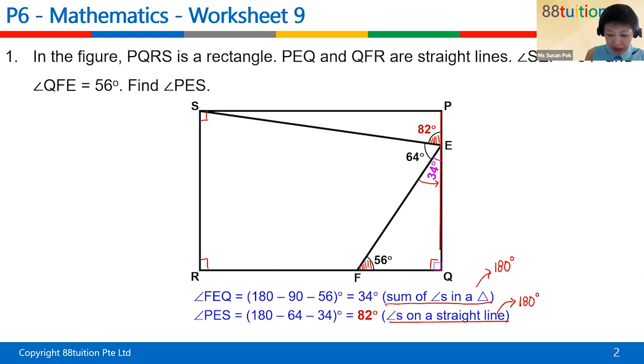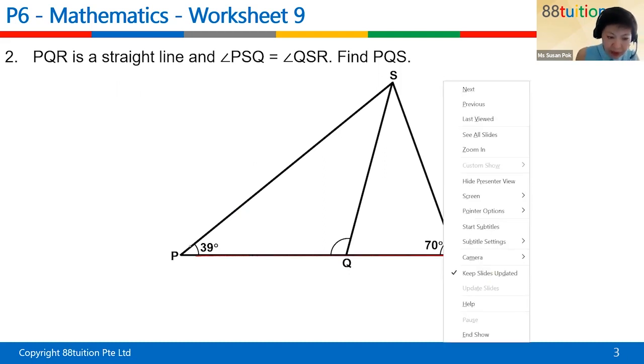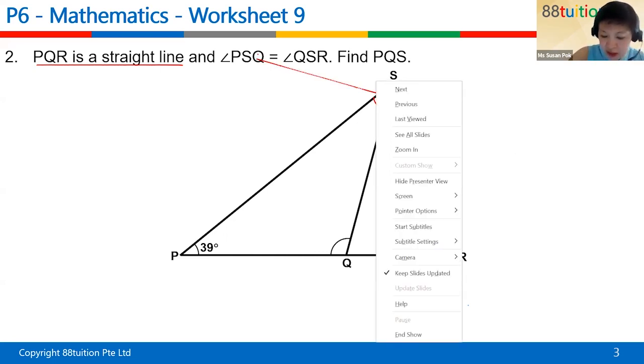Okay, going to next. Let's take a look at question number 2. This is a straight line for PQR here. So I draw a straight line. PSQ is the angle here.